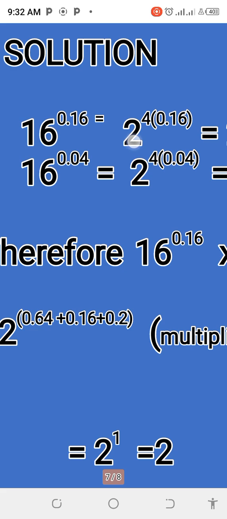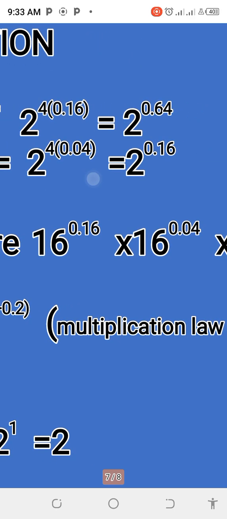This is power raised to power, and when power is raised to power, we multiply the powers. So what we are doing here is 4 times 0.16. Then the other one too, 16 is equal to 2 raised to the power 4 into 0.04. What we are doing here is to multiply 4 times 0.04.